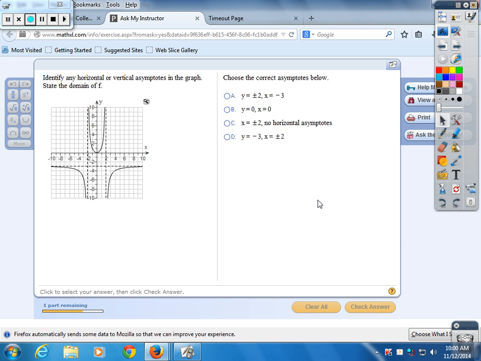What would this one be? Well, the domain would be -infinity to -2, then -2 to 2, then 2 to infinity, and that would be exclusive, so it would all be parentheses. And then your horizontal asymptote is at -3, so the range would be from 0 to -3.